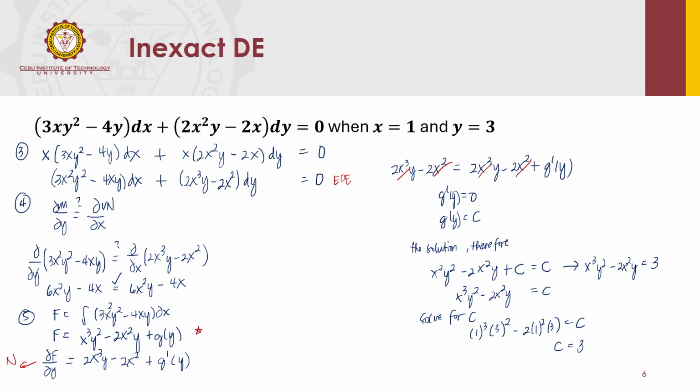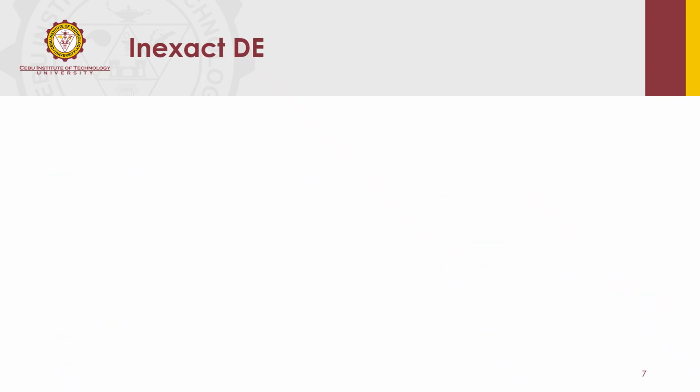So it should be referring to this equation here and not that equation. So therefore, the final answer is x cubed y squared minus 2x squared y equals 3. So this is the solution to the given differential equation. So here's another example.